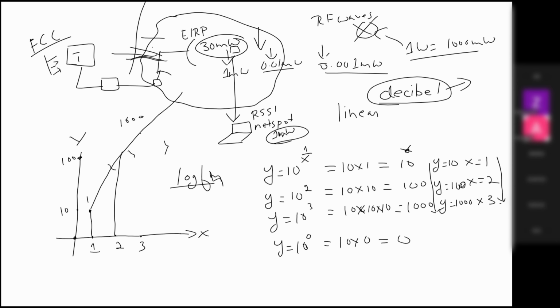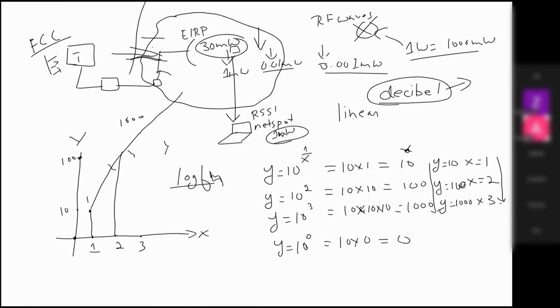Because of these regulations, which we will learn in the standards section, along with IEEE and all. After that, the milliwatt is also not enough for us. We are not able to represent these values because they are very small.